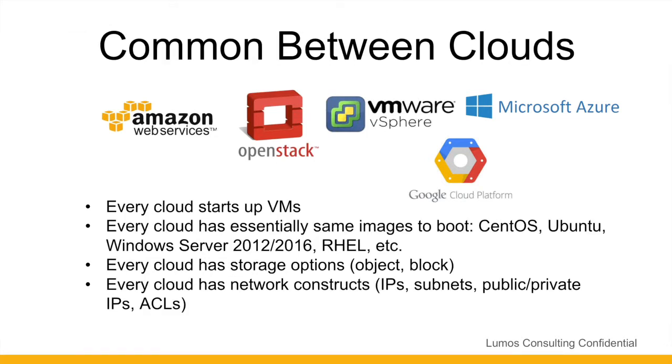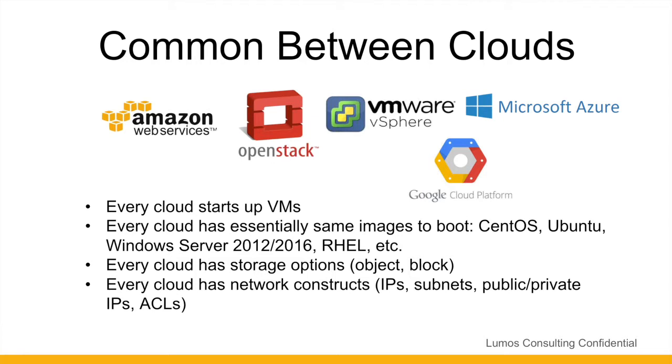But because every cloud tends to start up a VM, every cloud essentially has the same images to boot: CentOS images, Ubuntu, Windows Server 2012, 2016, RHEL, etc. And every cloud has storage options such as object and block storage, and every cloud has networking constructs, IP addresses, subnets, public and private IP space, ACLs.